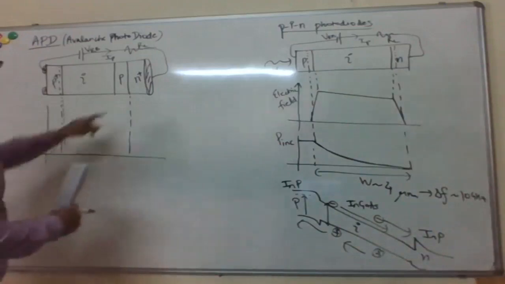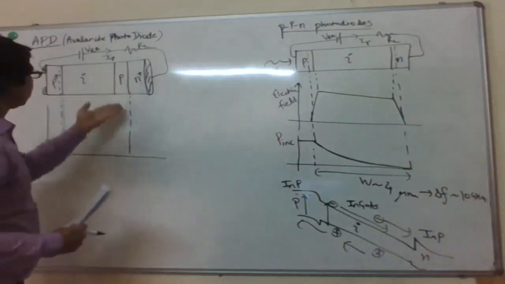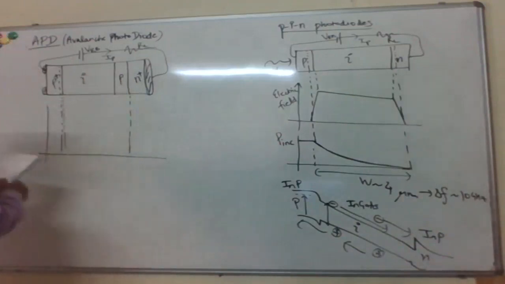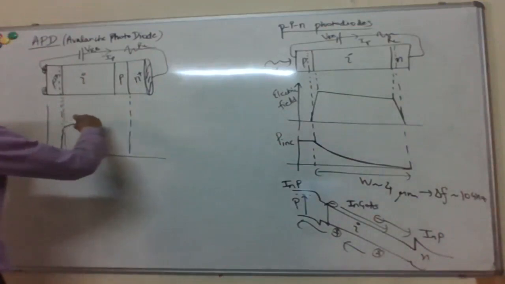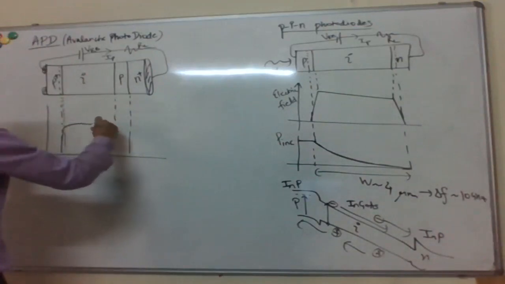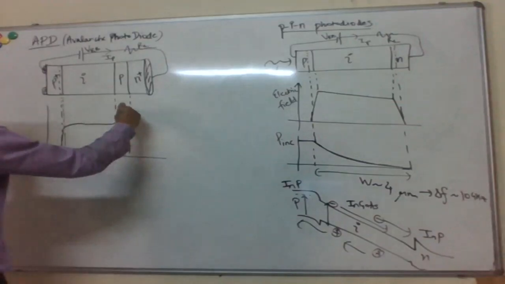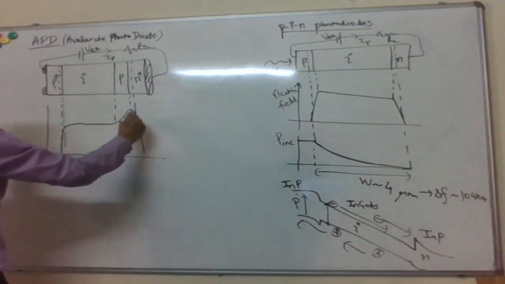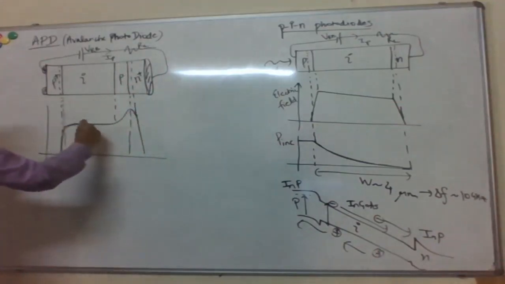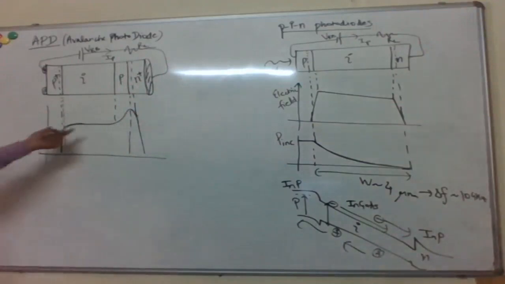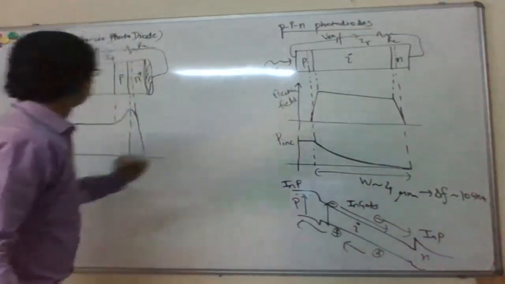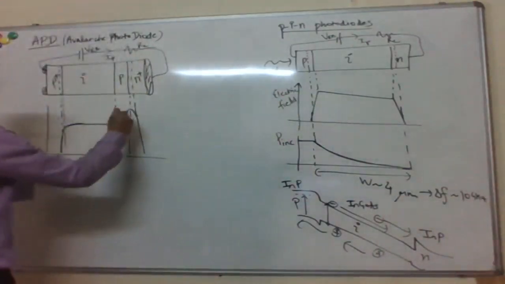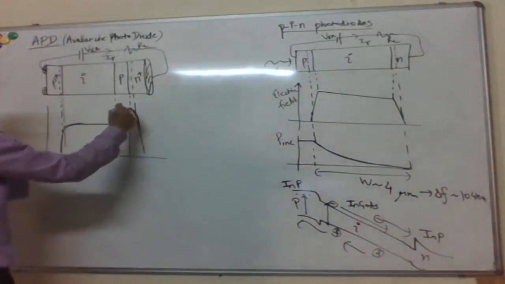Okay. So just here, in the second P-N junction, the electric field is enhanced even further. Okay, so that's how the electric field looks like. So in addition to this constant high electric field across the intrinsic region right here, now you boost the electric field even further in the small region here.